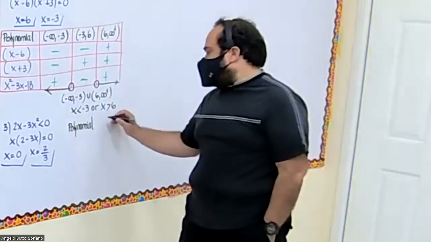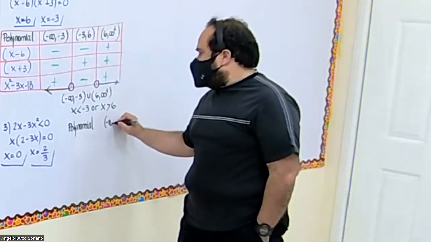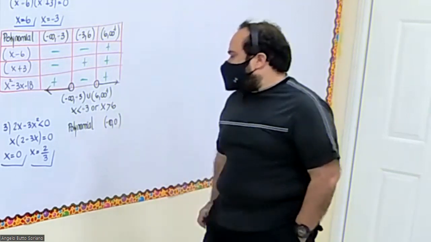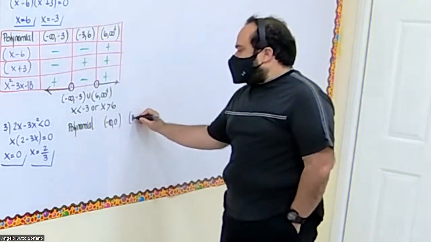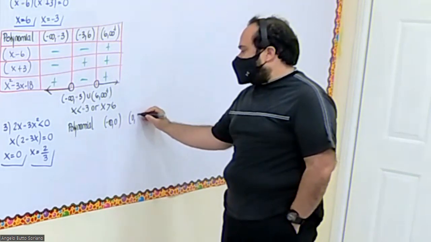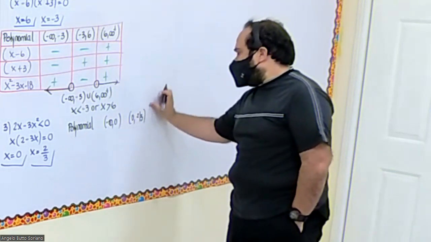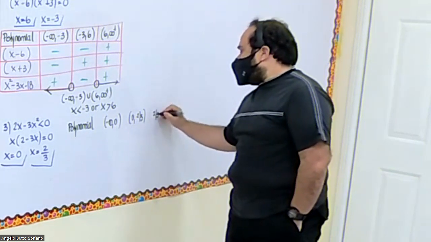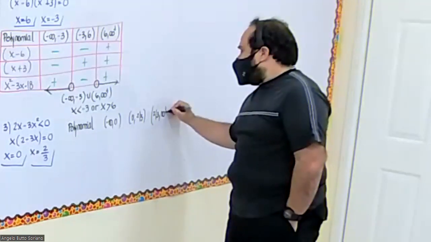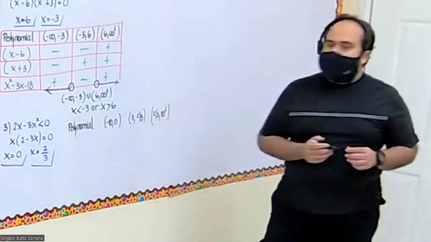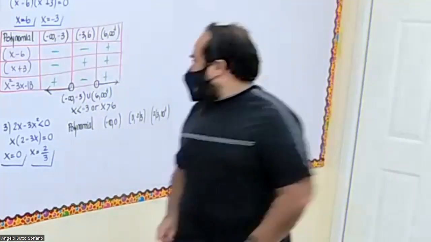The first one, negative infinite, comma 0. 0, comma 2/3, and 2/3, comma infinite positive.